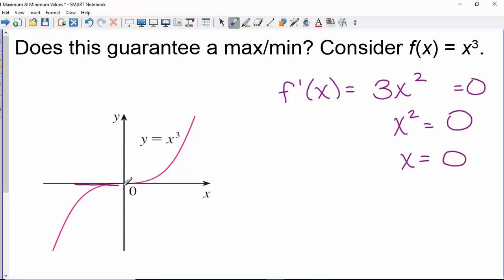So this tells me we have a horizontal tangent line at 0. Is there a maximum or a minimum at 0? No. So we will find everywhere the derivative is 0. That doesn't mean the point is a maximum or minimum. It means it could be. So we will have to look to see if it actually is or not.